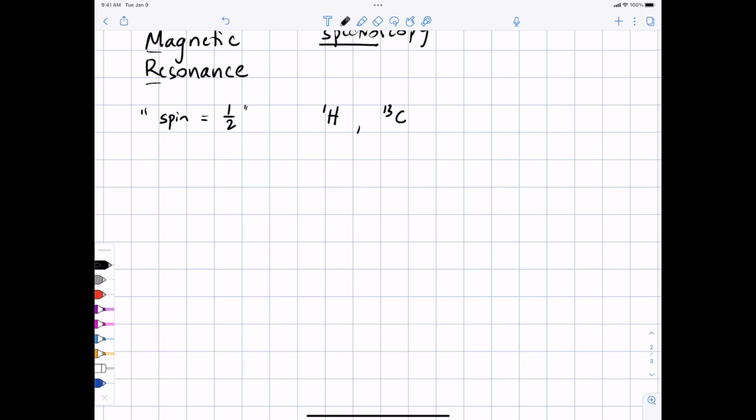The natural abundance of C13, what is the natural abundance of C13? Hey, how about that? 1%. Whereas, let's see, what is the natural abundance of hydrogen?